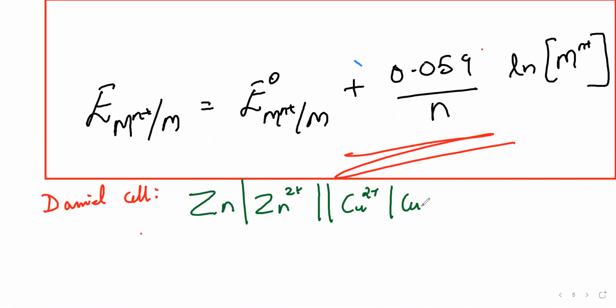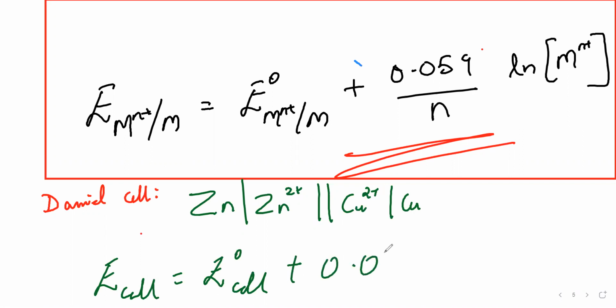How will I write the Nernst equation for this particular cell? Same thing. E cell is equal to E naught cell, the standard electrode potential of the cell, plus 0.059, and log. Ln is nothing but log. Log of cathode by anode.